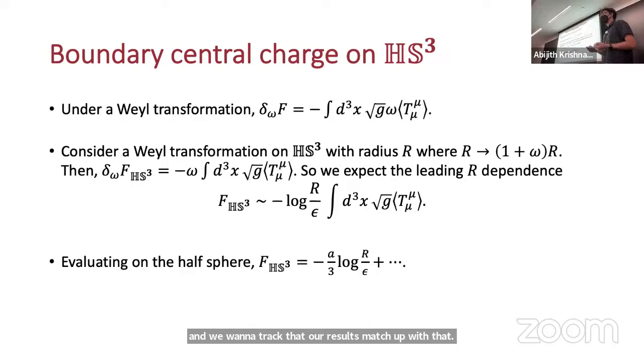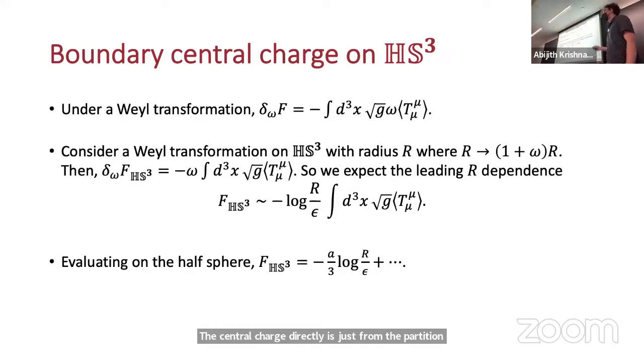The way we do that is by taking our theory, putting it on HS3, which is half of a three-dimensional hypersphere, and computing the central charge both directly and from the theorem of Jensen and O'Bannon. The way we can compute the central charge directly is just from the partition function.